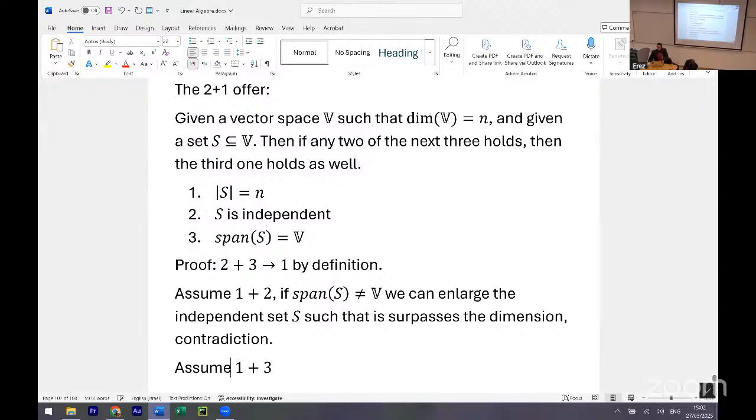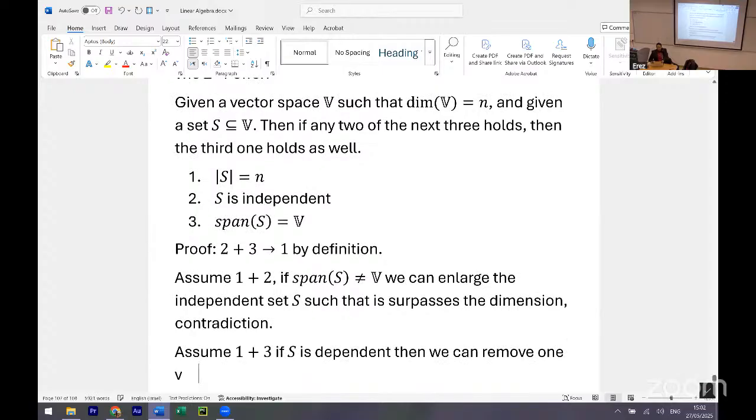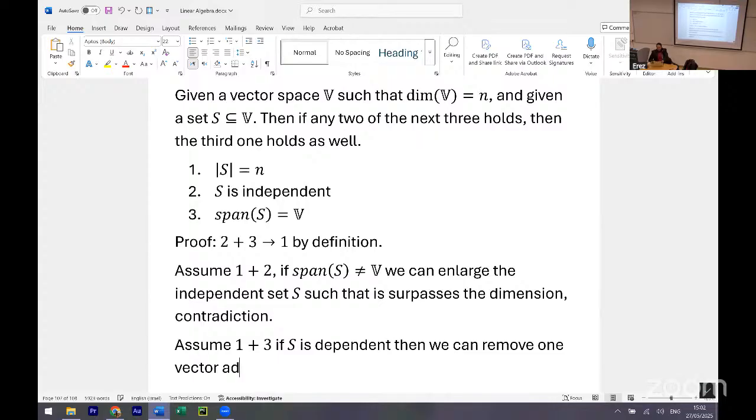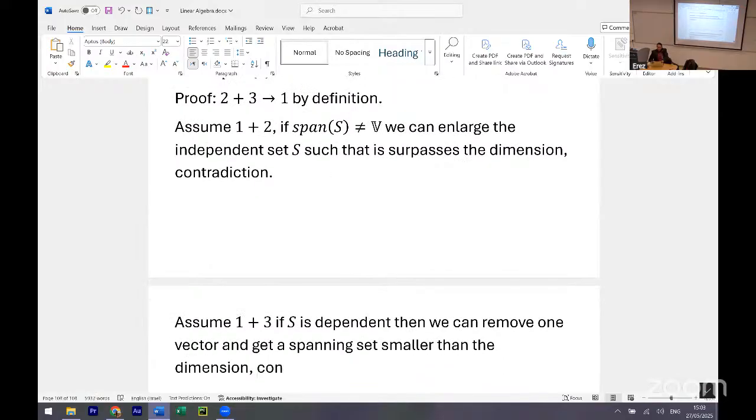If S is dependent, then we can remove one vector and remain with a spanning set smaller than the dimension, again a contradiction.